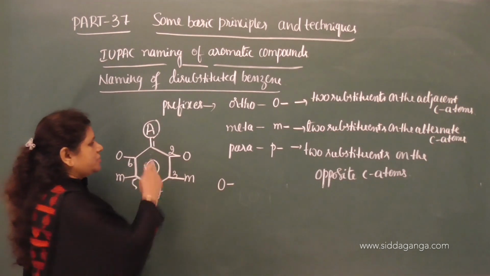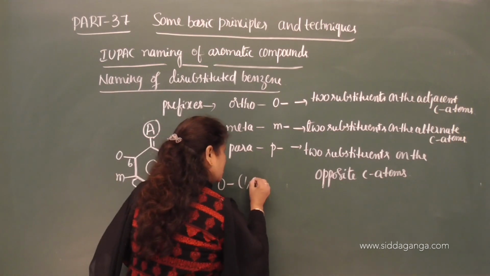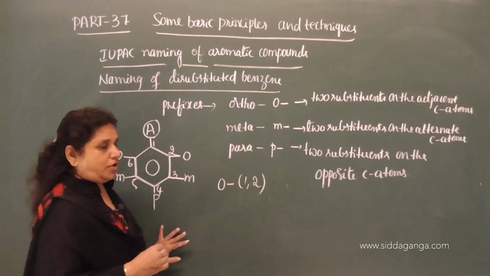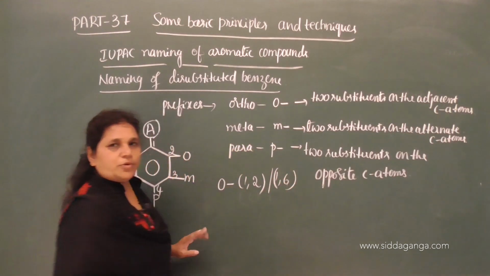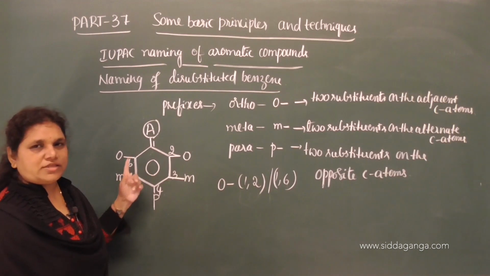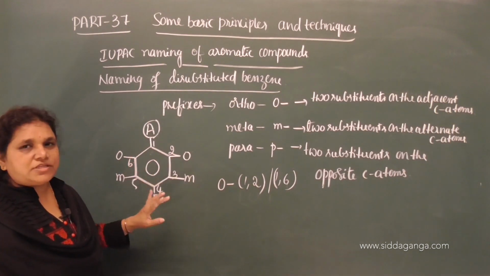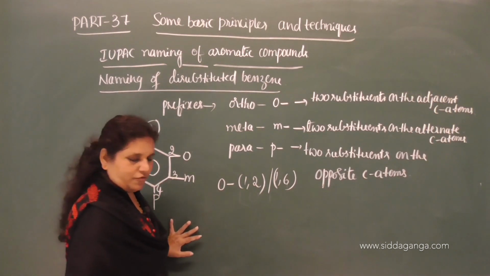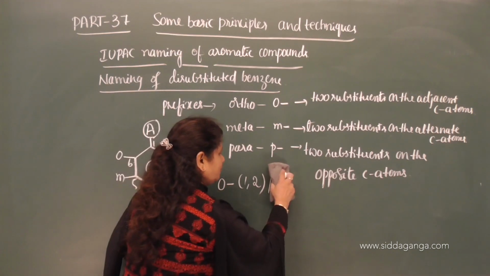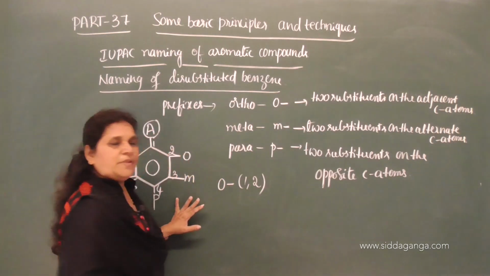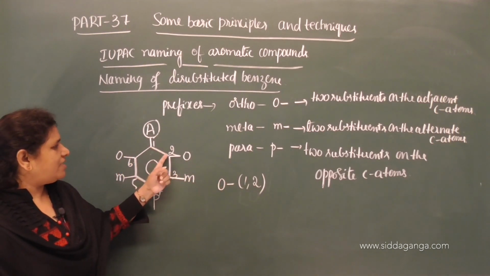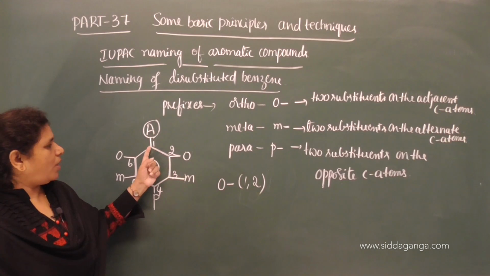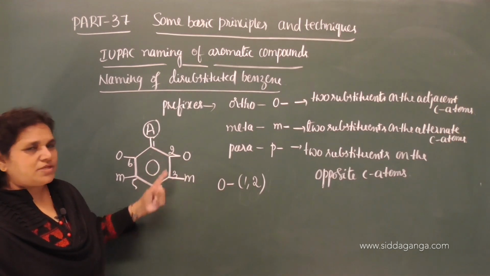Then ortho position is 1, 2. Not only 1, 2, it is 1, 6 also. Both are same, 1, 2 or 1, 6. 2 and 6 positions are ortho. So, if you get confused, you can only represent 1, 2. Two substituents are on the adjacent carbon atoms. 1, 2 positions gives ortho.